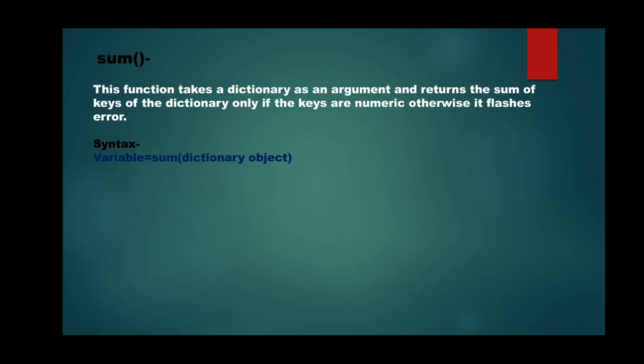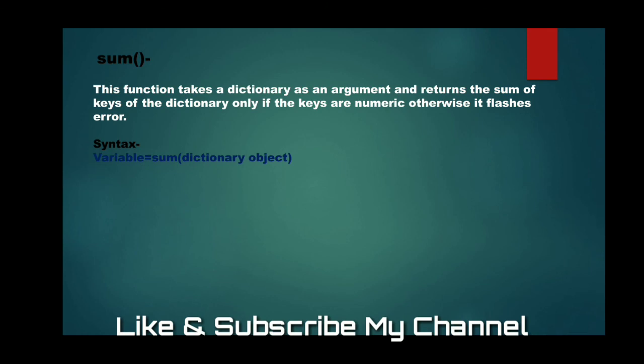Coming up to the next function, the sum function. Again, this is similar to your sorted function. It is not a function of dictionary, but it can work with the dictionary. This function is going to add all the keys of the dictionary and return the sum of those keys.